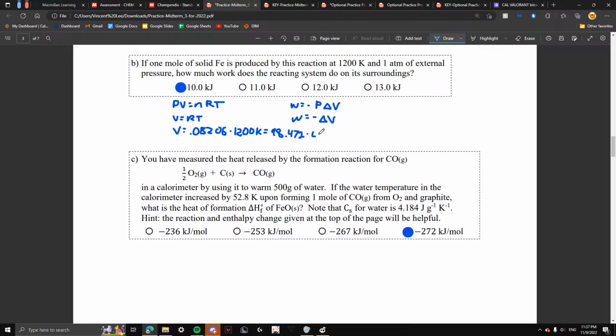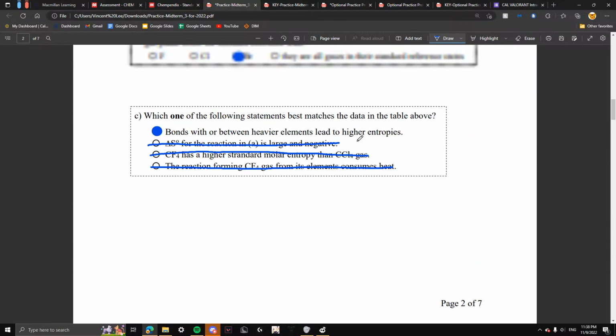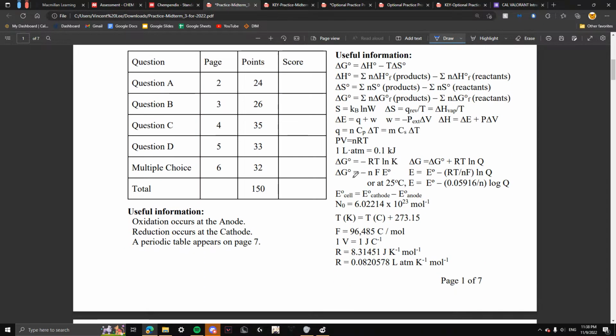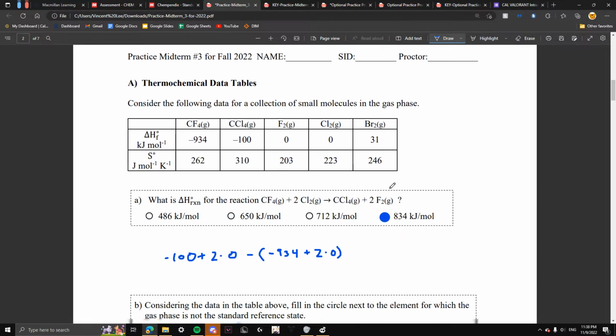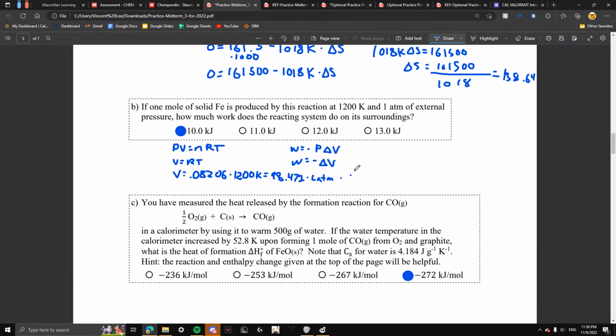So liter atmospheres, but we want it in kilojoules, so we multiply it by the conversion, which is 1 liter atmosphere is 0.1 kilojoules. So 0.1 kilojoules over liter atmosphere.